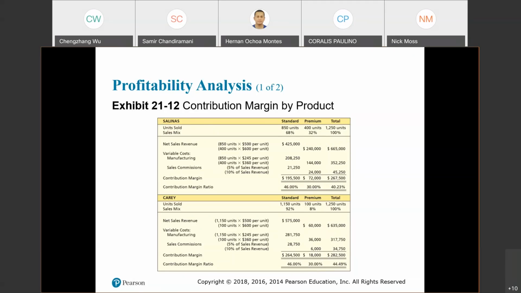Well, that's the case, even though the premium model has a higher sales price. But the premium model, as I said, also has a higher cost. That is important. Actually, in today's world, most companies do the same thing.